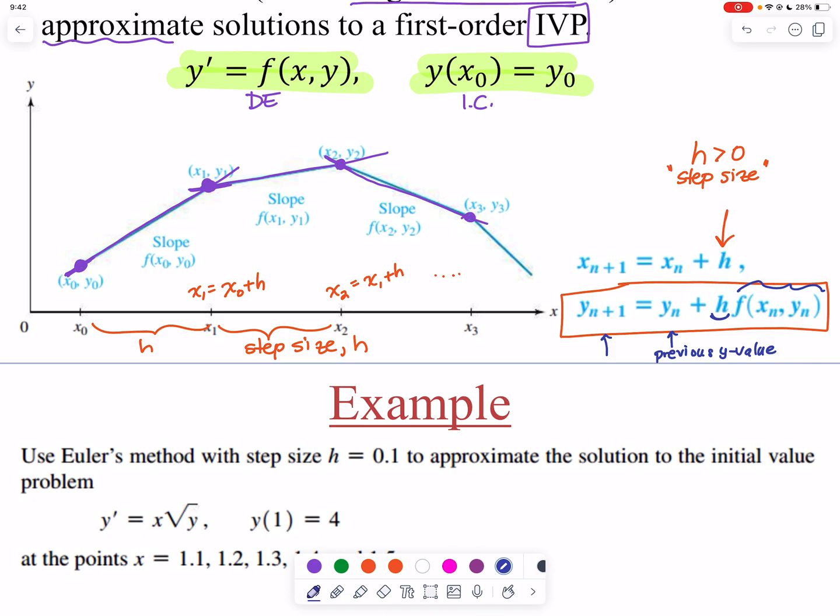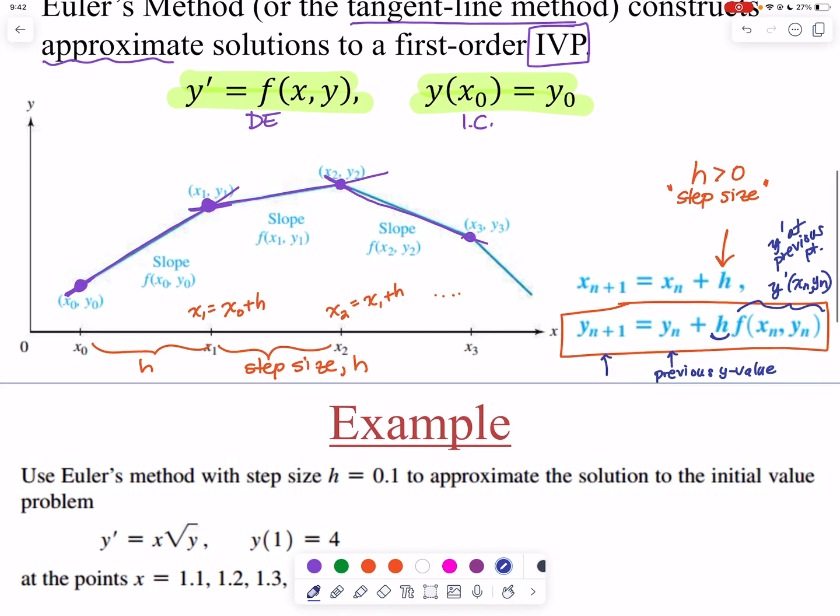You can see that's y prime evaluated at x sub n, y sub n. So this is y prime at the previous point. Okay? And that's what we do.